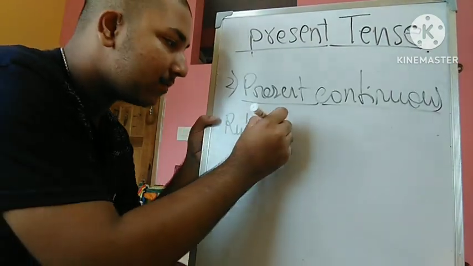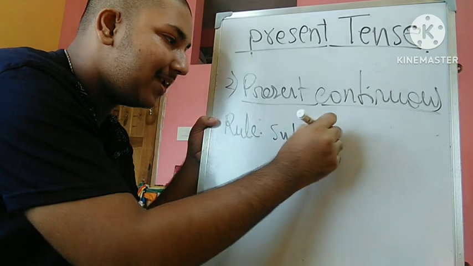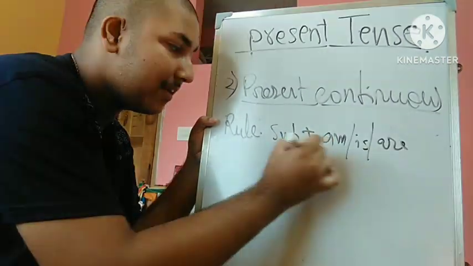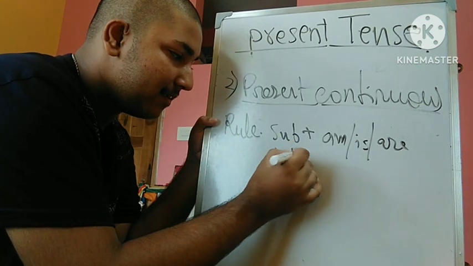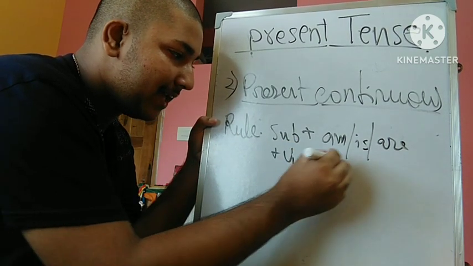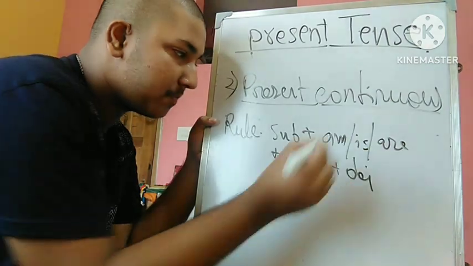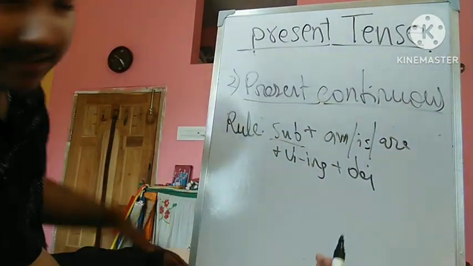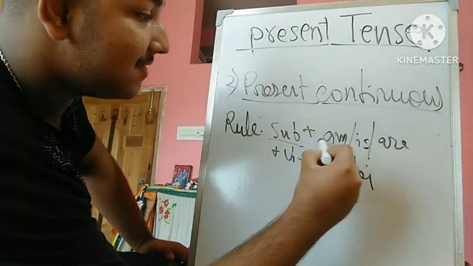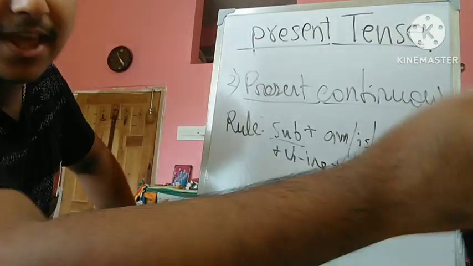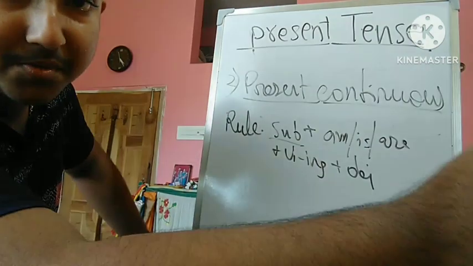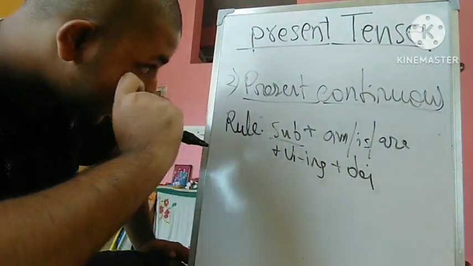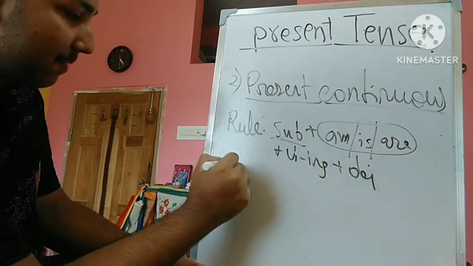So the rule is subject plus am, is, are plus V1 plus ing plus object. This is our subject or person, whatever you say, and this is our be verb. I have already told you the helping verbs for this reason only, so that we can understand the formula better. Let us take an example.